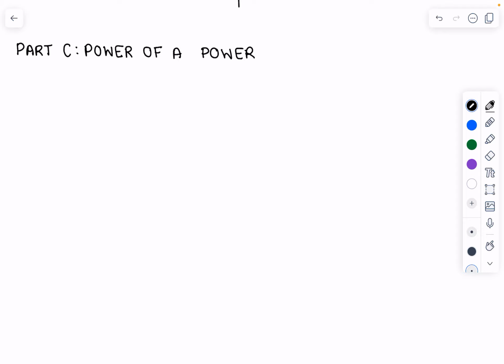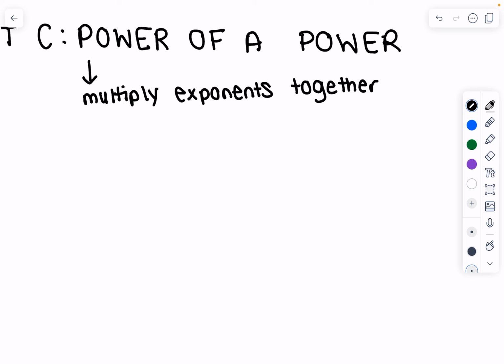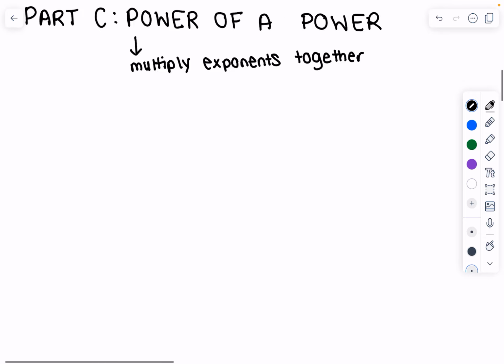So in the last video, multiplying meant adding the exponents, dividing meant subtracting. Power of a power, you are going to multiply the exponents together. Okay, we'll see what this looks like in 1 second.